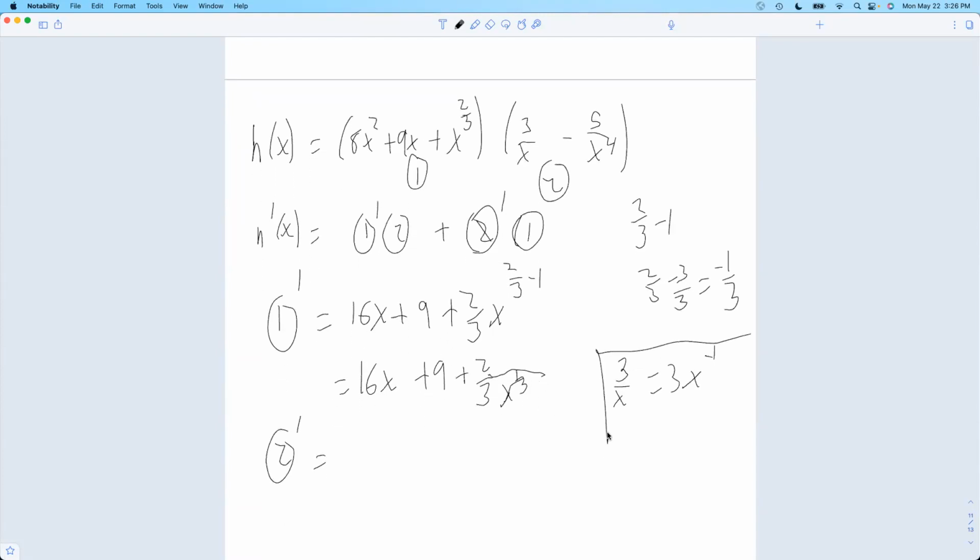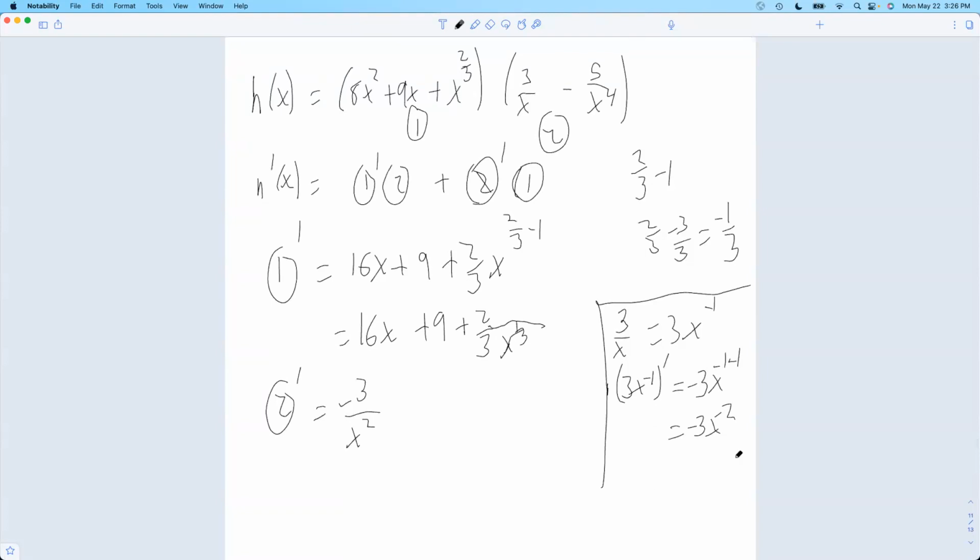Then his derivative, I just use power rule. Negative 1 times 3 would be negative 3 x to the negative 1 minus 1. So negative 3 times x to the negative 2. Then I'm going to write negative 3 over x squared.